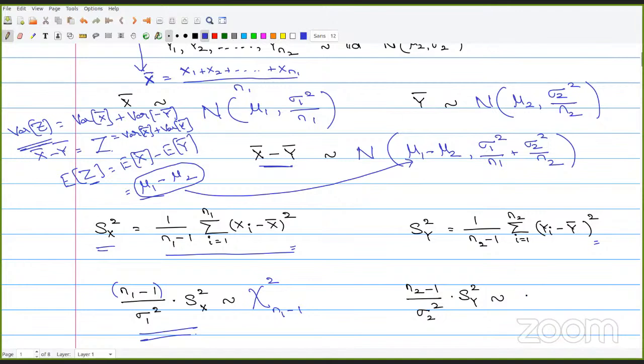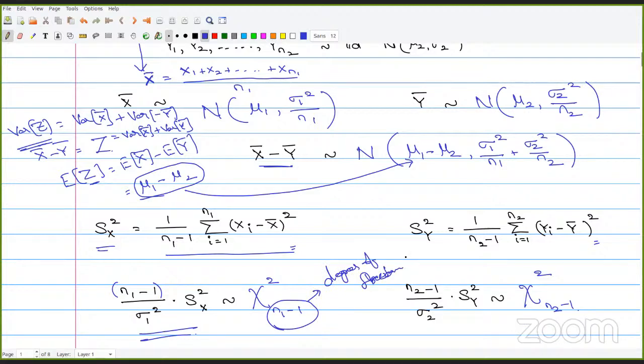Similarly, what will this follow? This will follow chi-square n2 minus 1. Now, sir, the degrees of freedom need to be explained. We didn't understand the degrees of freedom. Okay, this is not a big thing.